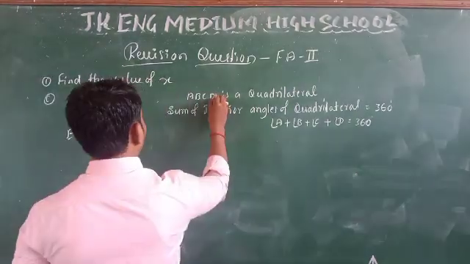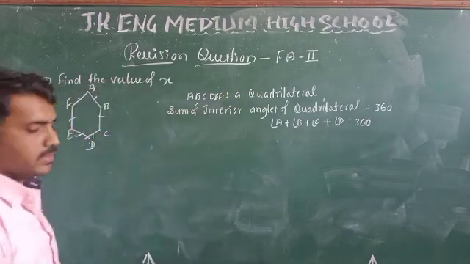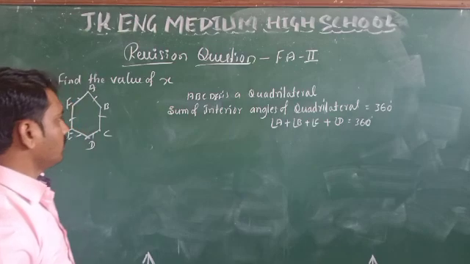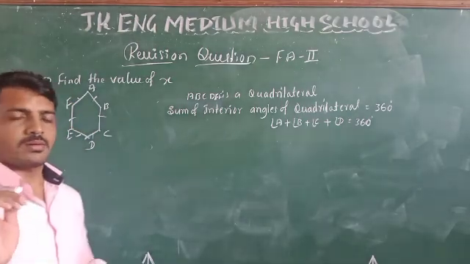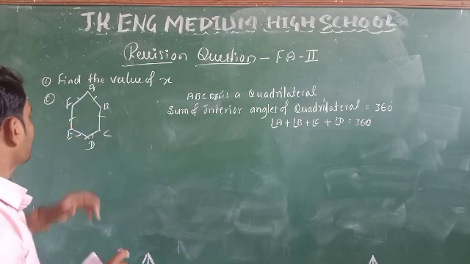A, B, C, D, E, F is a hexagon. So how many sides are there? 1, 2, 3, 4, 5, 6.